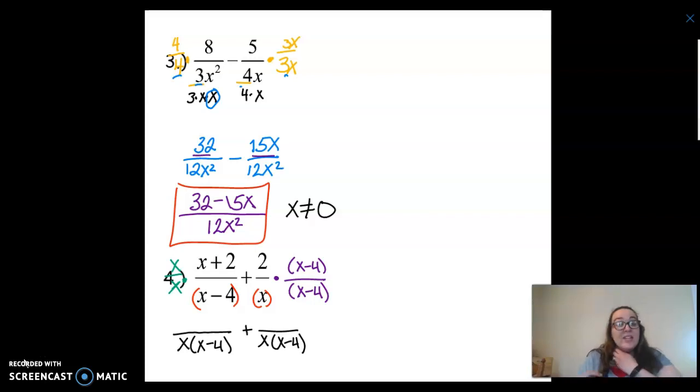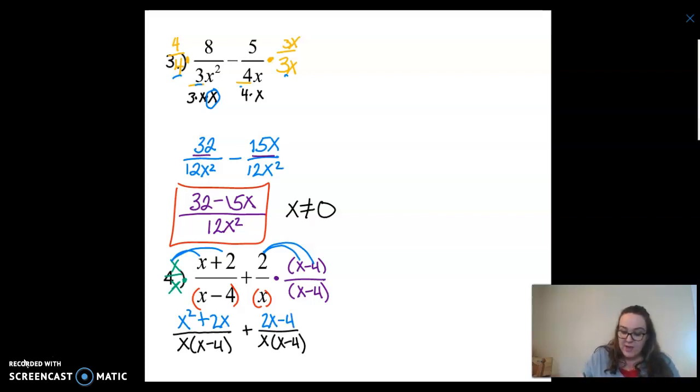On the numerator, it is going to help you distribute, because you're going to be able to combine some like terms. So this x, because it's times both of those, is x squared plus 2x. I'm also going to do the same thing with the 2, because it's multiplied by that quantity. So 2x minus 4.